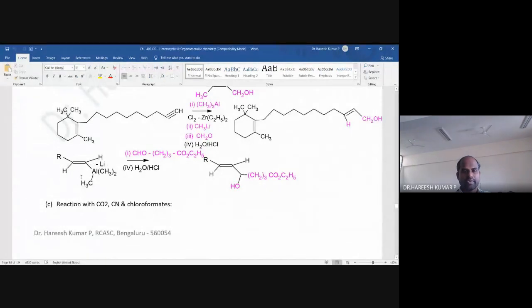It's an alanate. When this alanate is treated with a carbonyl carbon, meaning an electrophile, there will be a new bond formation between this carbon and the CHO. CHO is converted into CH2OH. This is the product.